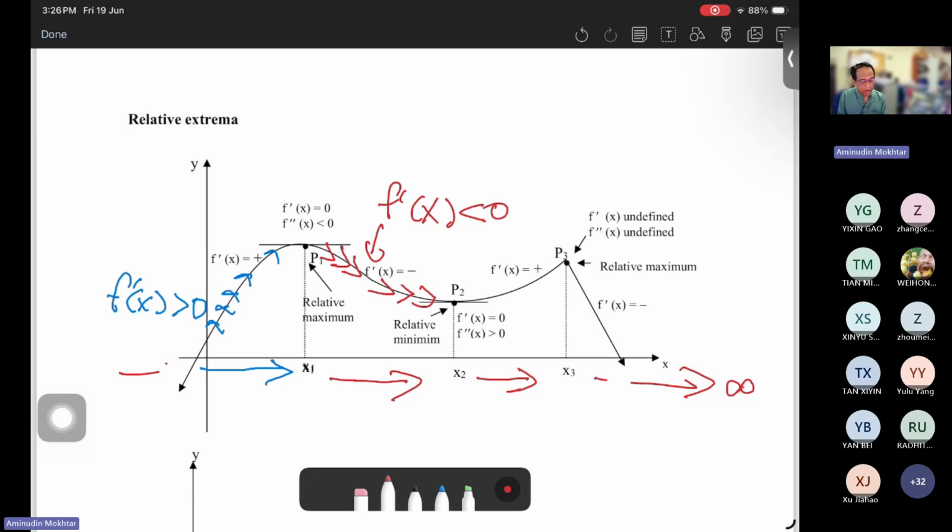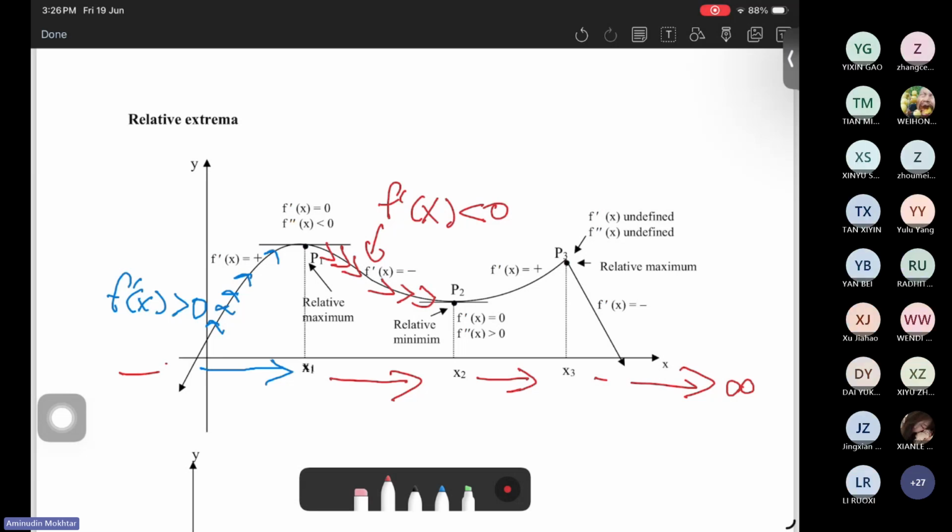When we move from x1 to x2, the slope of the function is negative, and the function is decreasing.